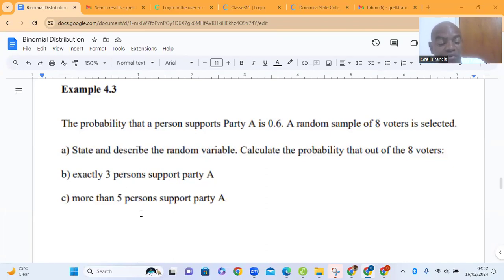So we have to do for 6 or 7 or 8. Now, the word or in probability analysis is the operation plus. The word and is the operation times, multiplication. So when we mention the word or, we've got to add. So let's look at the solution.